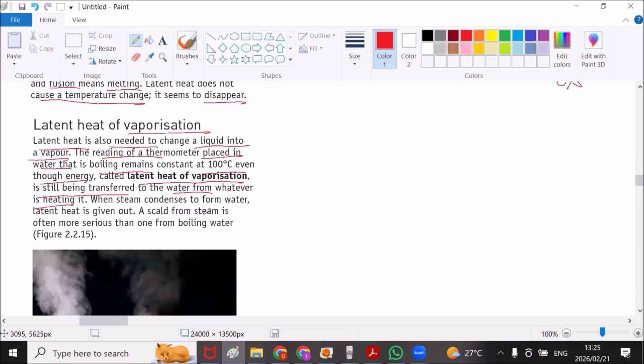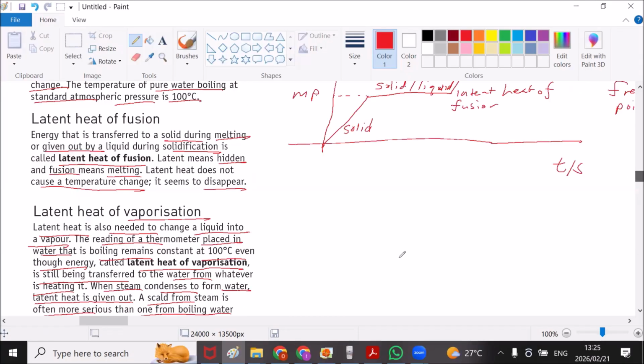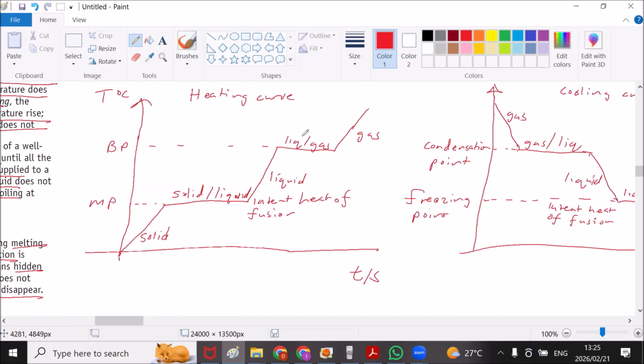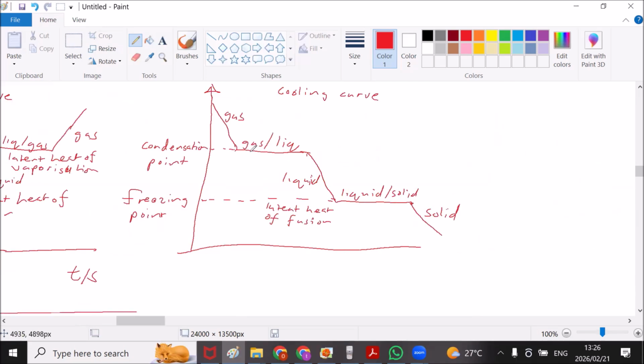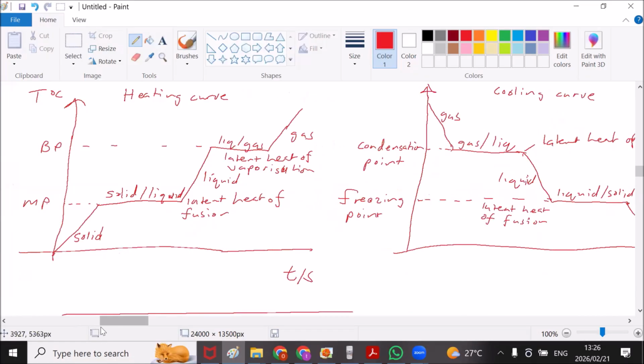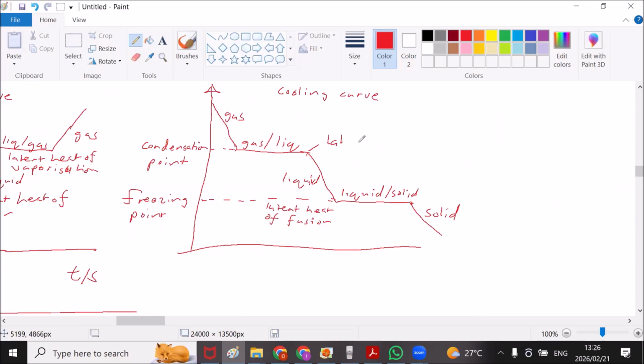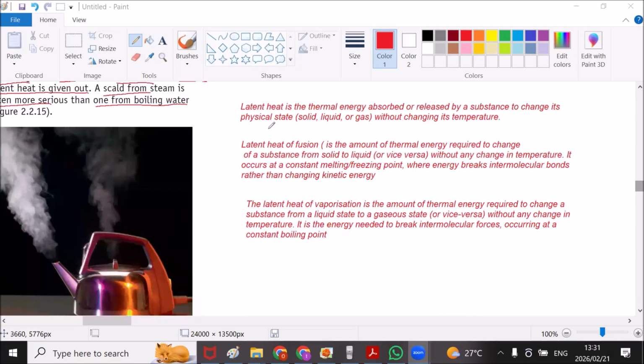When steam condenses to form water, latent heat is given out. So at this point, on a heating curve, the energy taken in to change state is called latent heat of vaporization. And the energy given out when cooling a gas into a liquid is also called latent heat of vaporization.